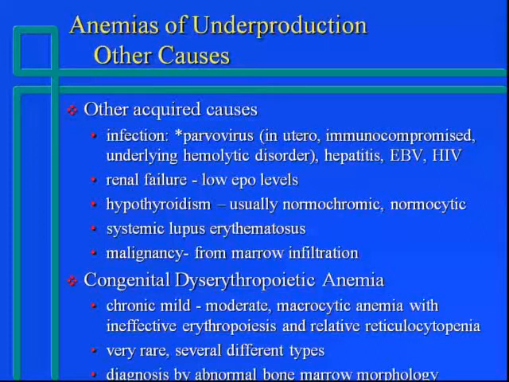There is one other entity that warrants mention. It's a rare condition known as congenital dyserythropoietic anemia. This is a chronic, mild to moderate macrocytic anemia characterized by ineffective erythropoiesis and a relative reticulocytopenia. This is quite rare. There are several different types, and the diagnosis is made on the basis of characteristic abnormal bone marrow morphology.